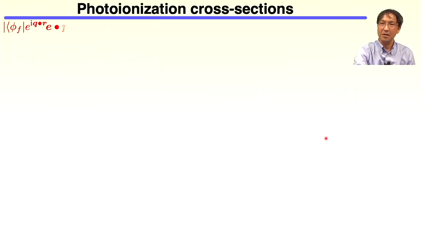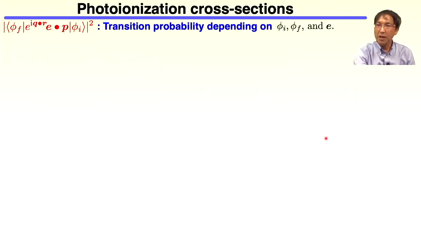Okay? Here, I explain the photoionization cross-section, which is practically important for the photoemission measurement. In the previous slide, in order to obtain the equivalency of the spectral function to the density of states, we have assumed that the transition probability, the E·P term, is a constant independent of the initial and final state one-electron wave functions φi and φf.